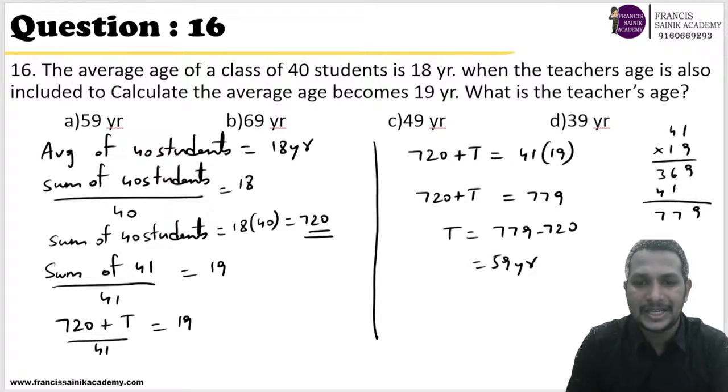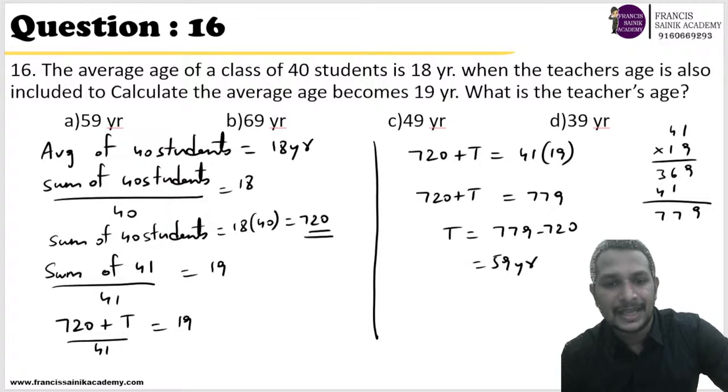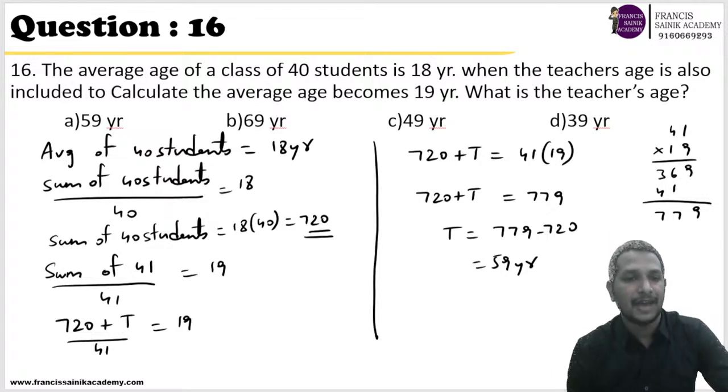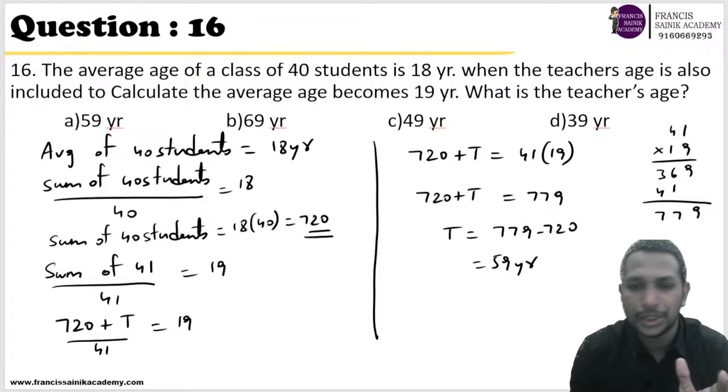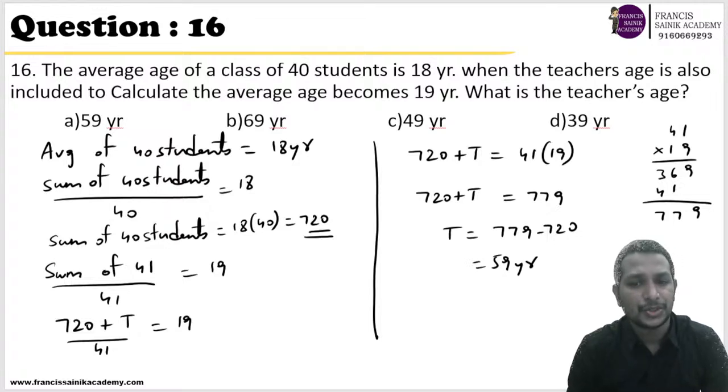The age of the teacher is 59 years. The average became 19 when the teacher's age was included, and they are asking us to find the teacher's age. We found the age of the teacher as 59 years.